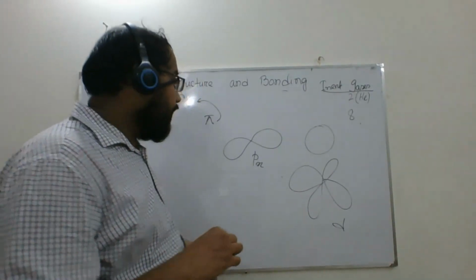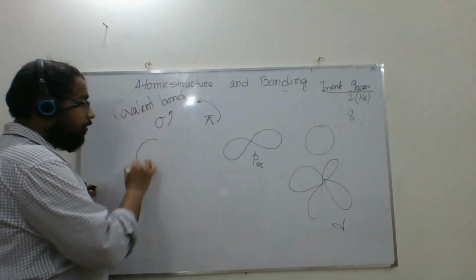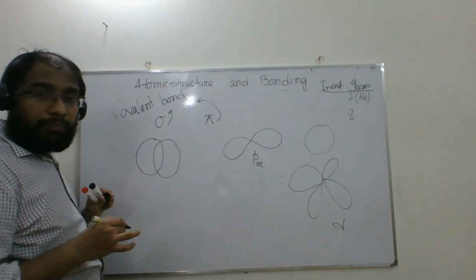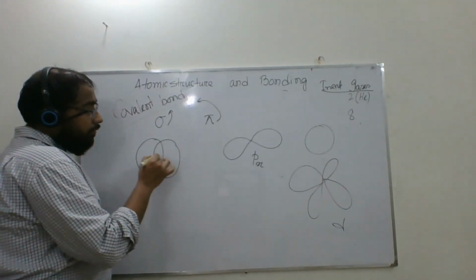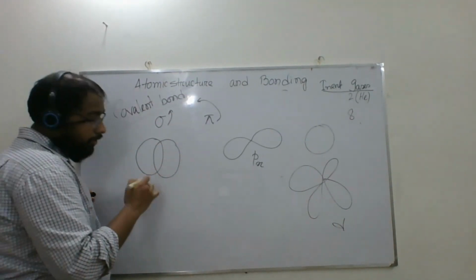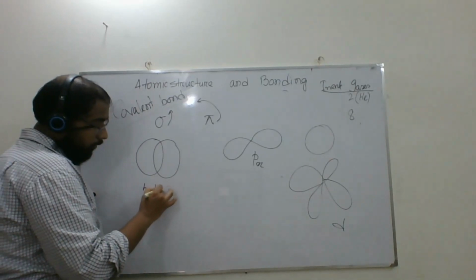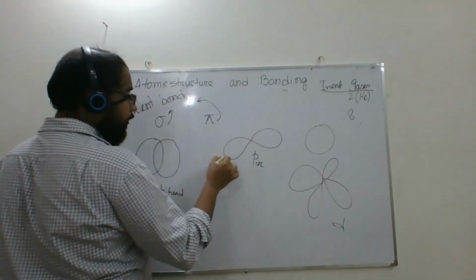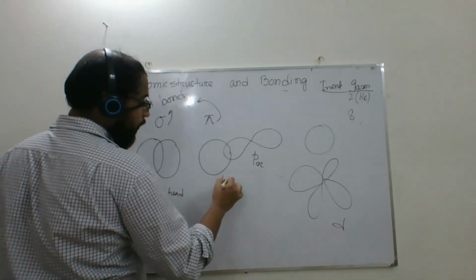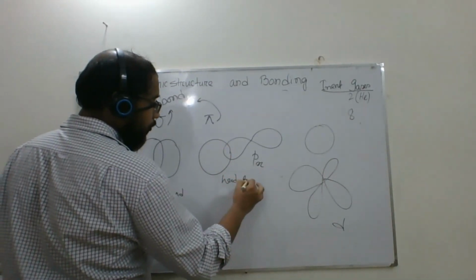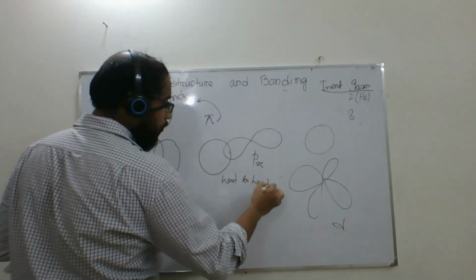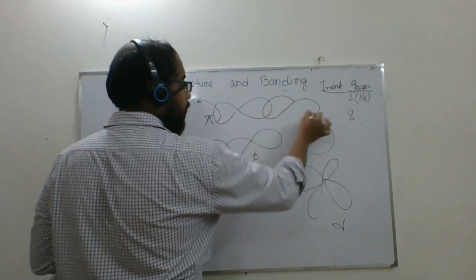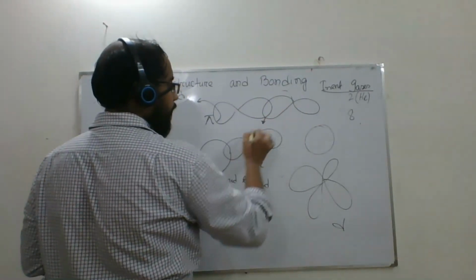If an orbital shares with another orbital, or overlaps with another orbital, in the front direction, that means head to head, like that, this is also head to head, like that, this is also head to head.